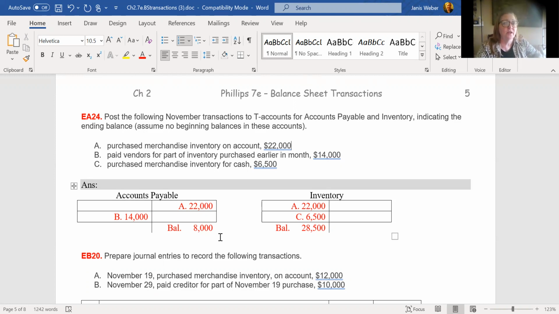So you can see the net effect of that account. If you have 2 debits posted, it's just going to make a bigger debit. But if you add a debit to a credit balance account, you're reducing that balance because the debit ate up some of your credit balance, right?